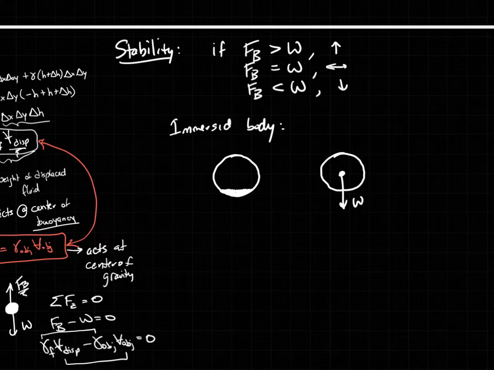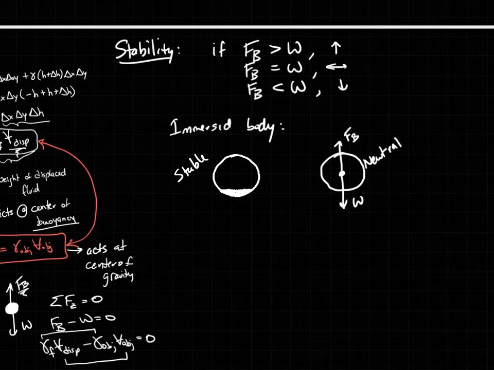Here's the weight, going downwards, acting at the center of gravity. The center of buoyancy in a case like this is the same point, so the force of buoyancy goes up from there. This is what we call a neutral body. And then this other one I'm going to call stable.